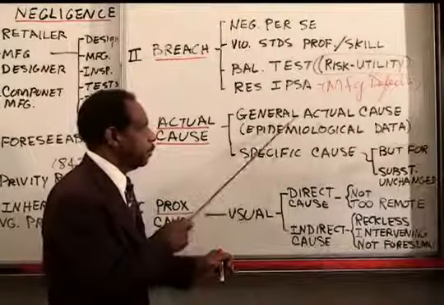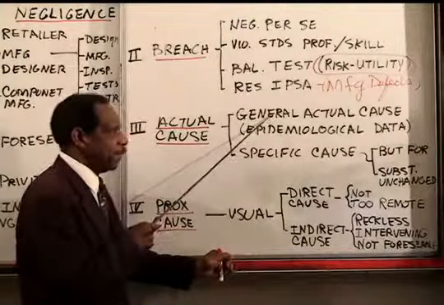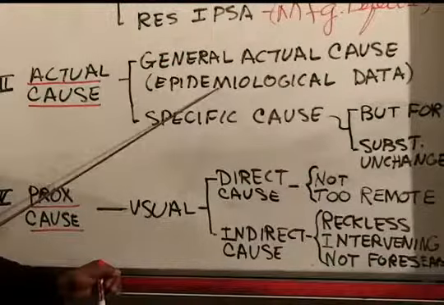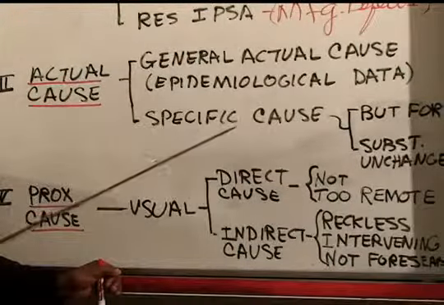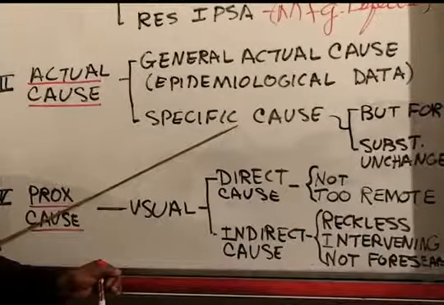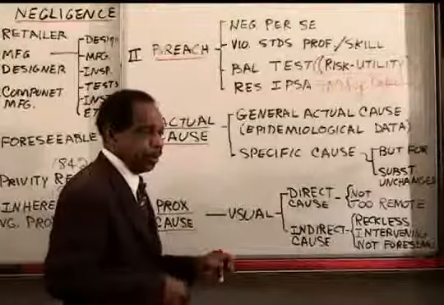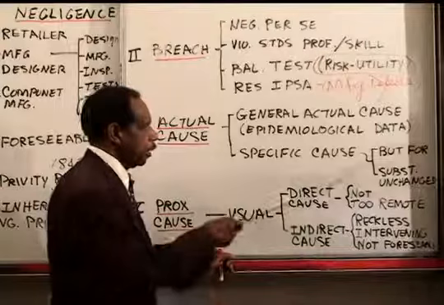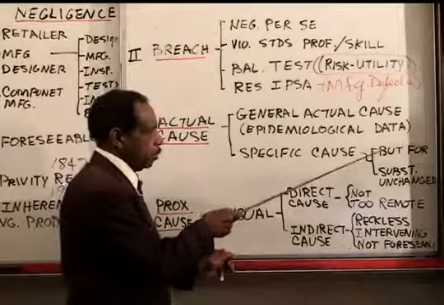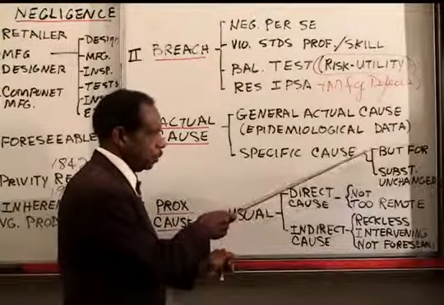But if the likelihood of it happening is increased enough based on this epidemiological data, then you can use that for a specific cause. The jury can conclude, if it wants to, that more likely than not, this drug or whatever it was caused this particular person their illness. So you can, but for a substantial factor.